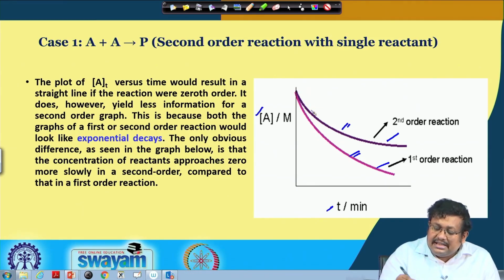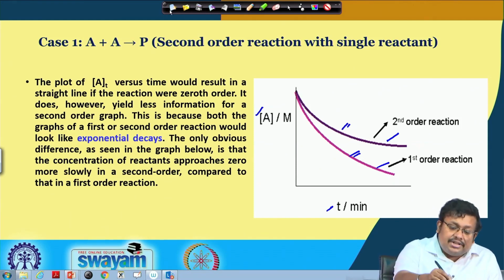As you can see, the slope is quite low compared to the first order reaction. So, it approaches zero concentration very slowly compared to the first order reaction, where the reactant reaches 0 much faster. This is the difference between these two types of exponential decay function.